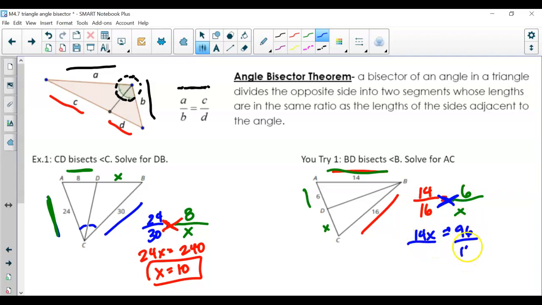Then you divide by 14, and X is approximately 6.9.